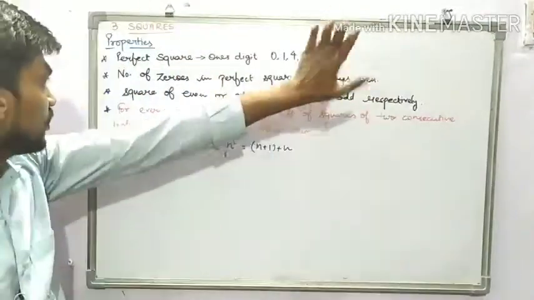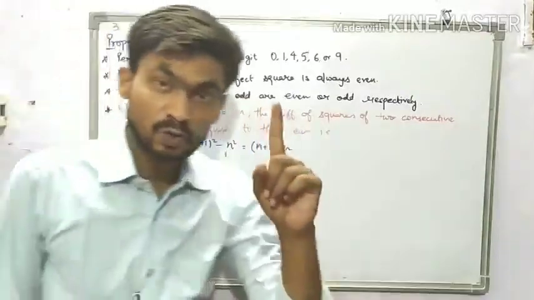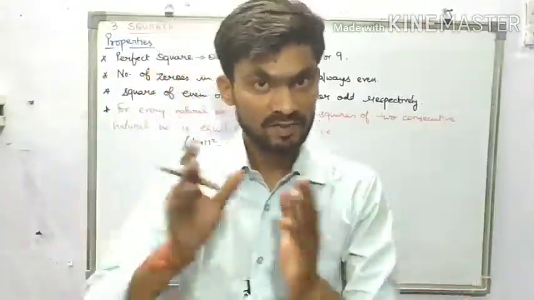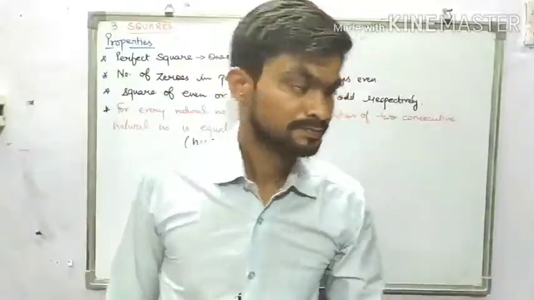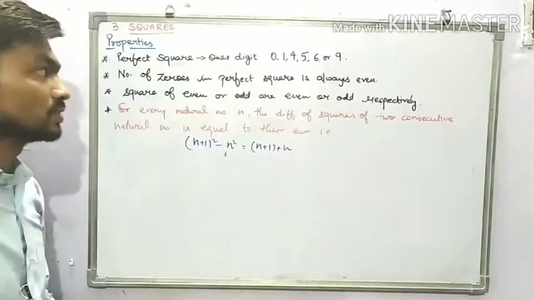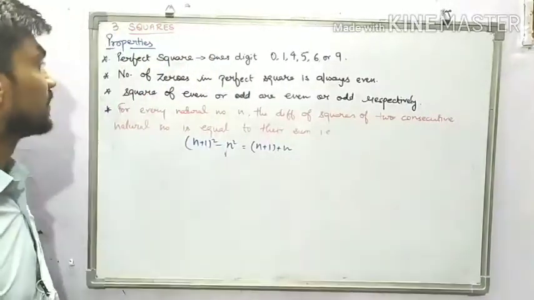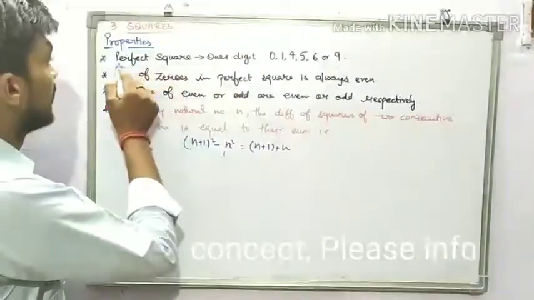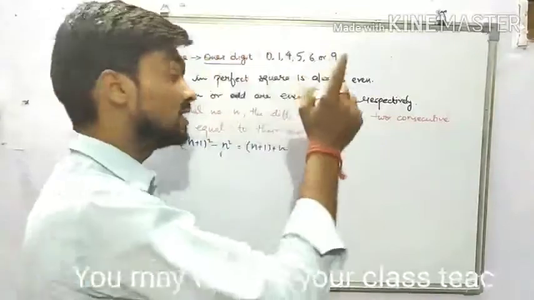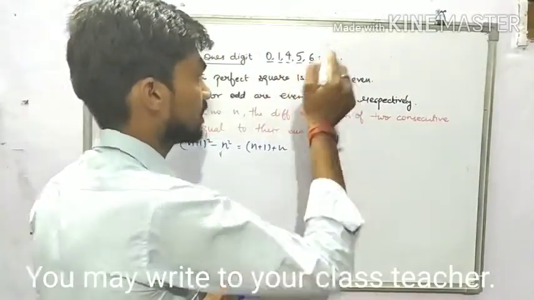So first of all, the first property says that the perfect square. I told you yesterday, every number is not a perfect square, but every number has a square. So we are talking about perfect squares. Pay attention to the word perfect square. The perfect square has one's digit as only 0, 1, 4, 5, 6 or 9.